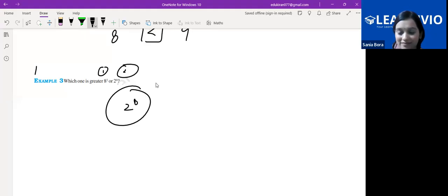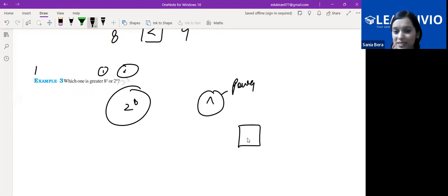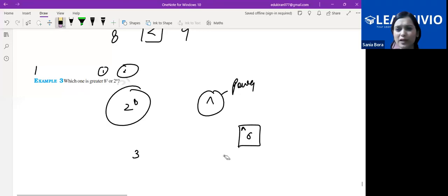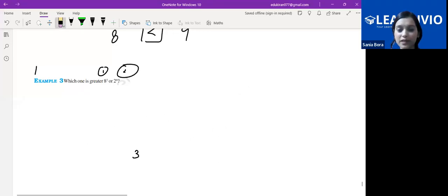Then on the top of the keyboard, there are the numbers. If in case you have this one, this is power. In my laptop, it is 6, and here it is written like this. So I press shift and I press this, so it comes to the power. Then I type 2 first, then this, and then I type the number like this. Okay? It's okay, no problem if you're not getting it. It's fine. Okay, this one is done.